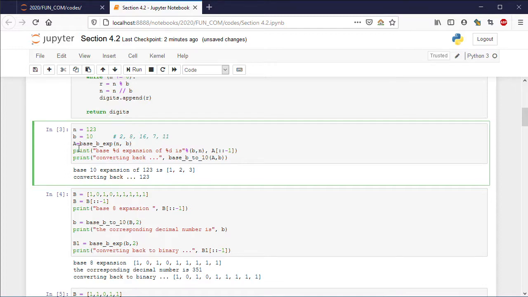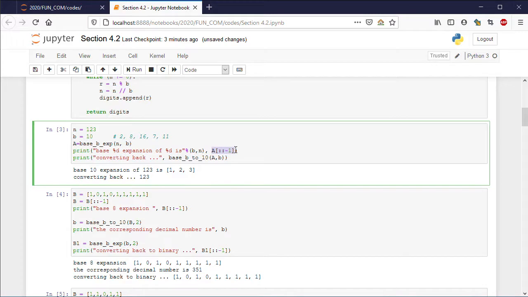Then I'm calling this base b expansion, where n is an integer here, and b is the base. Remember in the first experiment, we let b equals 10. So the program next prints the base b expansion of the decimal number n as a list.